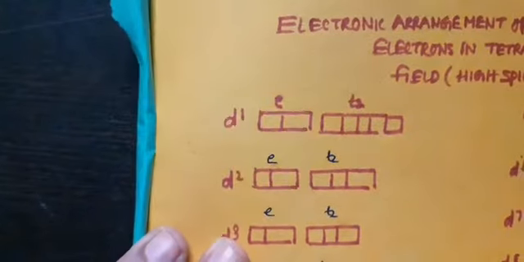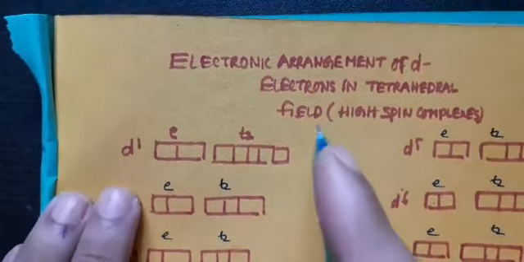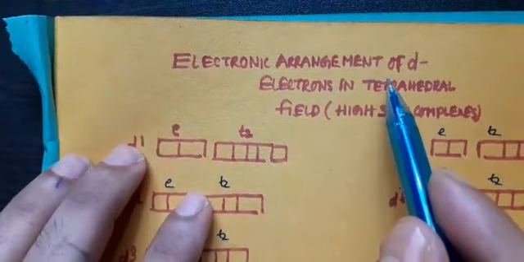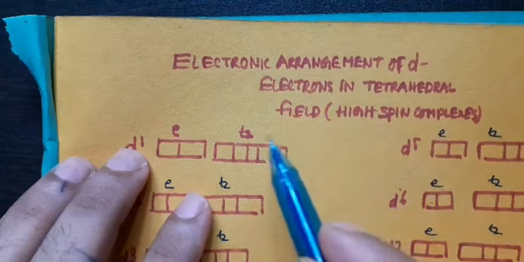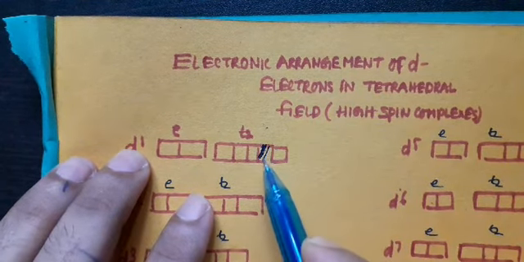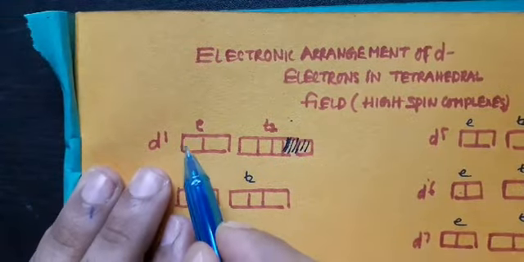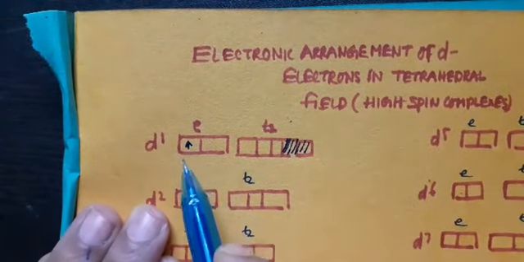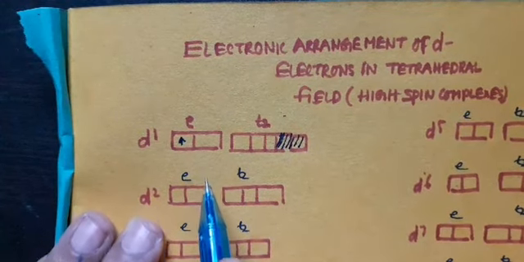Here I have already drawn the figure. Here we will talk about the electronic arrangement of d electrons in tetrahedral field. In T2 there will be 3 orbitals. For d1 configuration, at first we need to put the electron in the E set of orbitals.